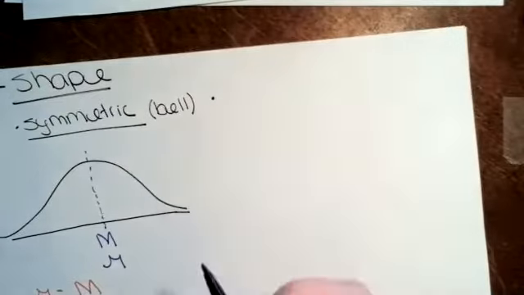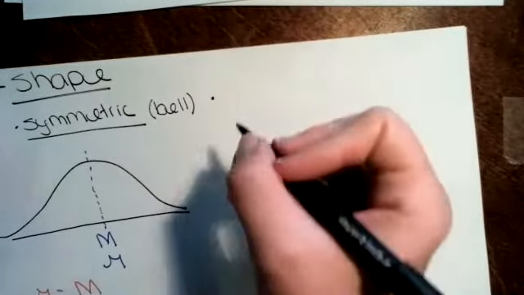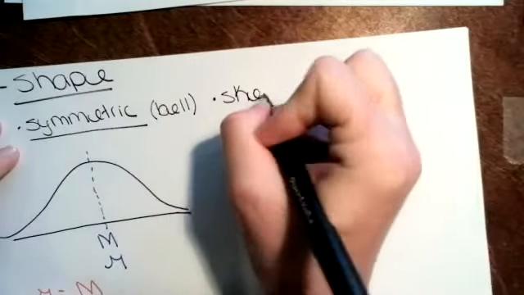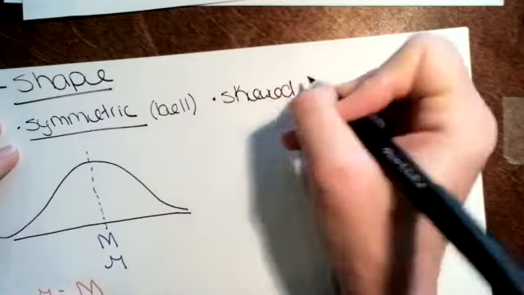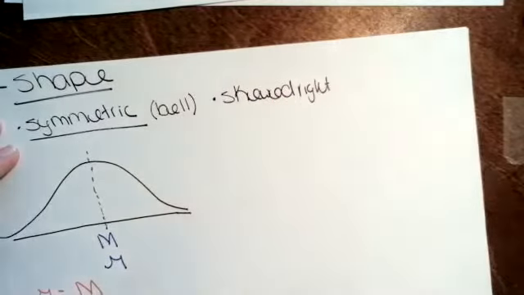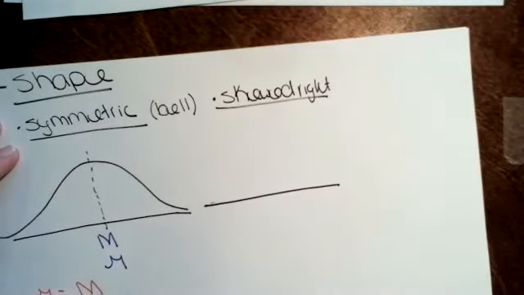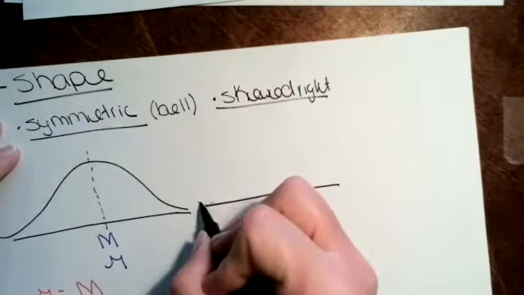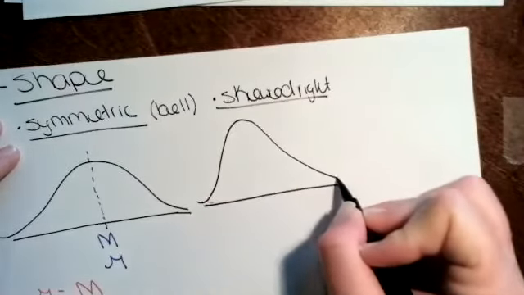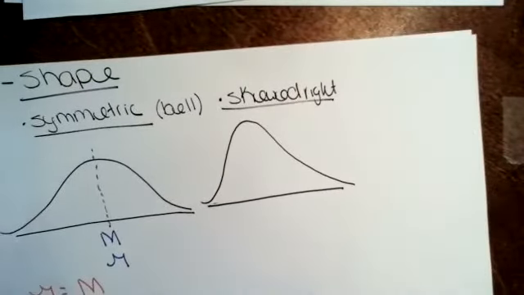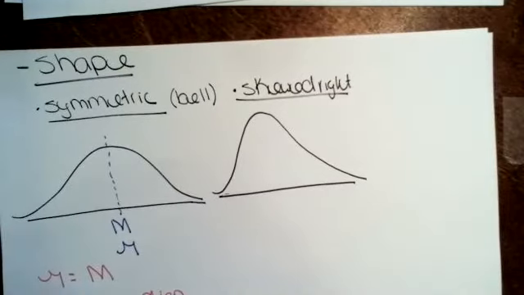All right, the next one we're going to look at is skewed right. I'm going to try to fit this all on here. Remember, I'm not the best at drawing these. You're going to go up and then it comes back down. You have a trail to the right. It's not the best drawing.